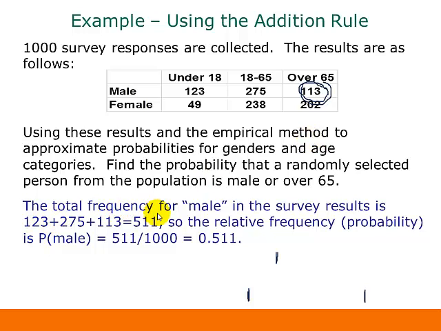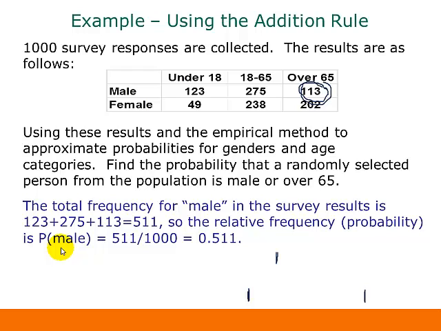So the total frequency for male in the survey results is our 3 age categories added together. So that gives us 511. And our relative frequency then is the probability of male.